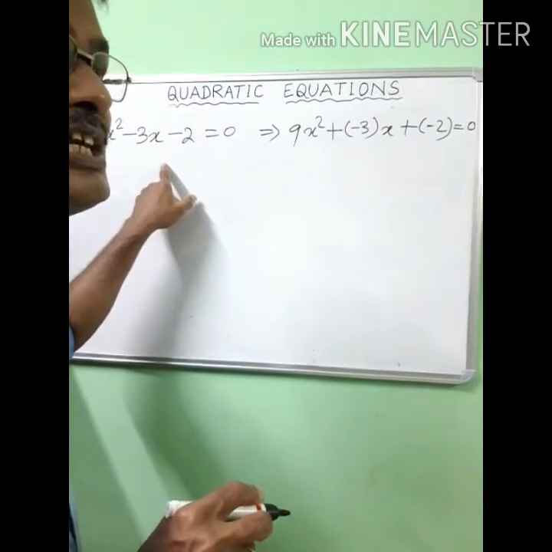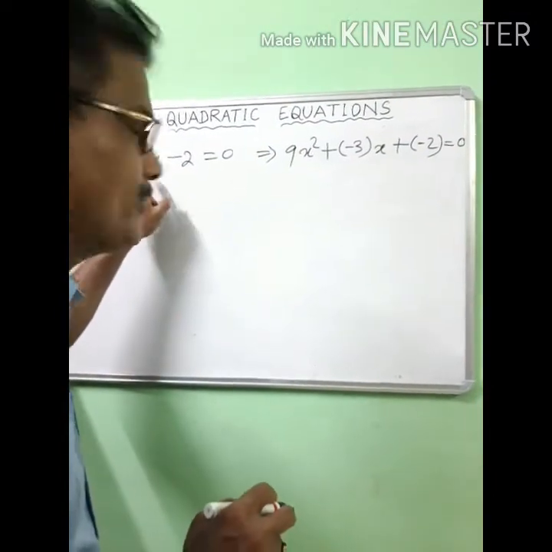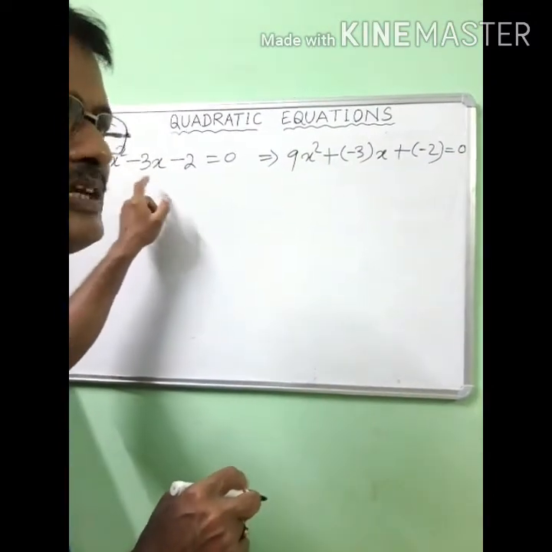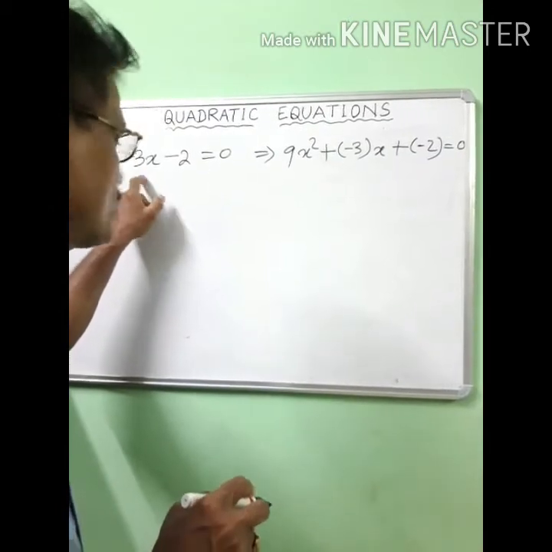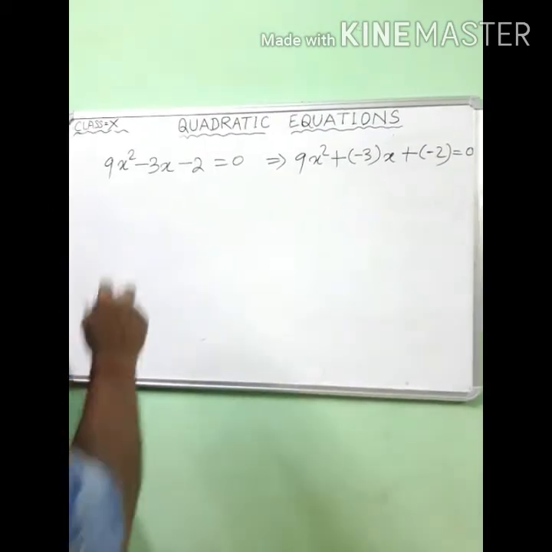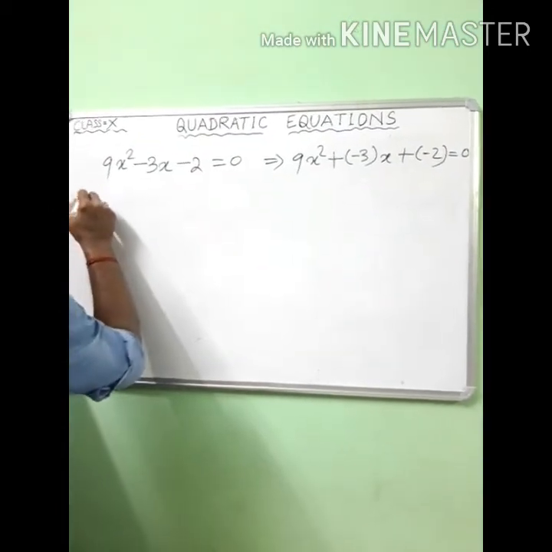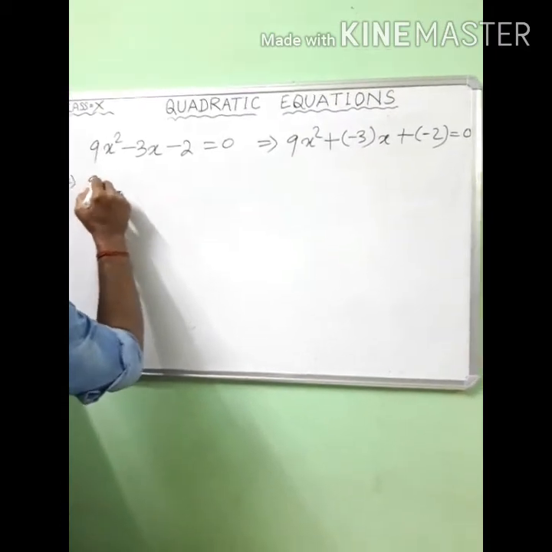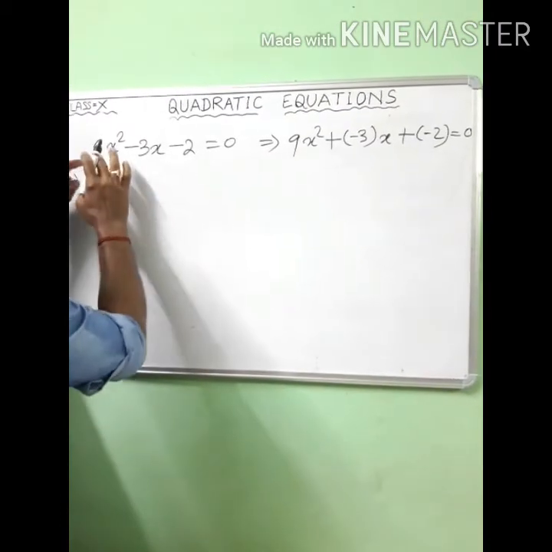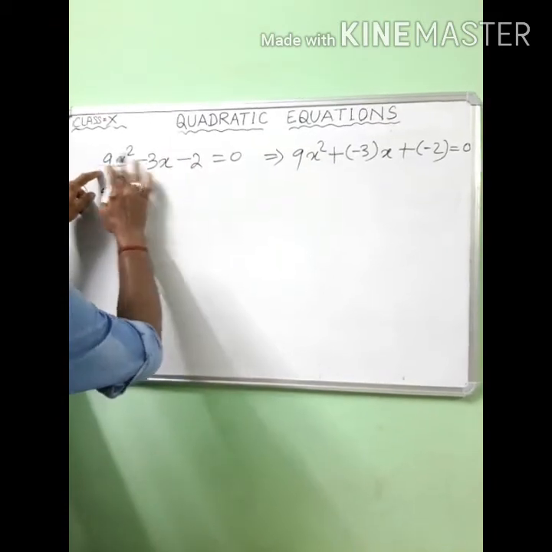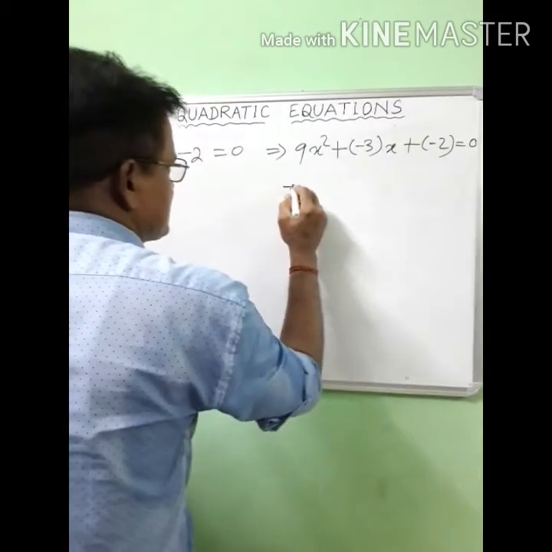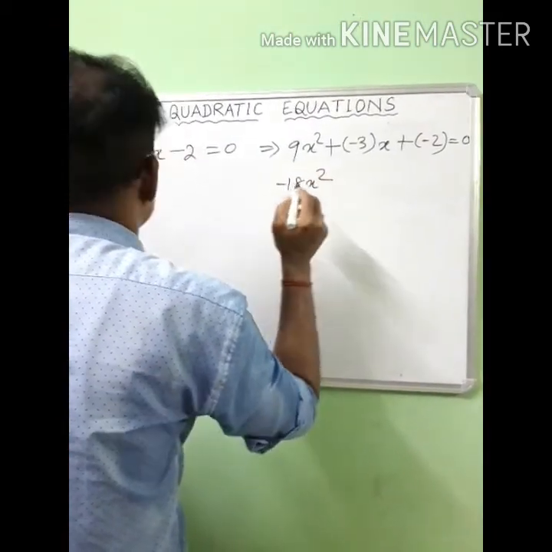So first method is the factorization method. We have to factorize it by middle term split method. So 9x square, here 9 into minus 2 is minus 18x square. Middle term split method.